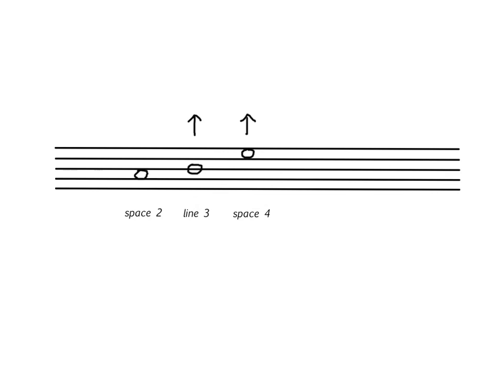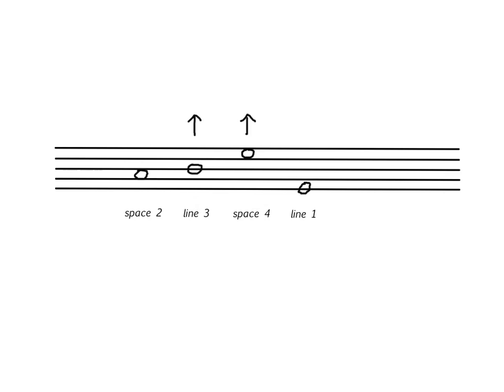Lastly, let's try line 1. Hopefully you don't think that line 1 is way up here, because line 1, of course, is down here at the bottom. Now, is this note higher or lower than the one before?